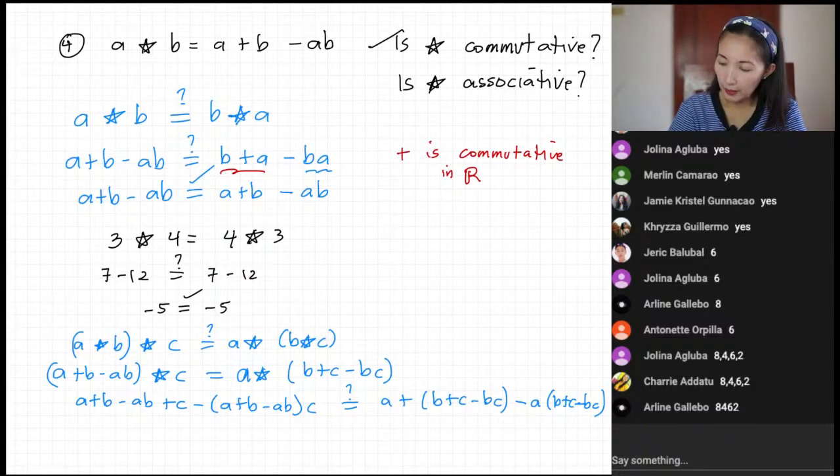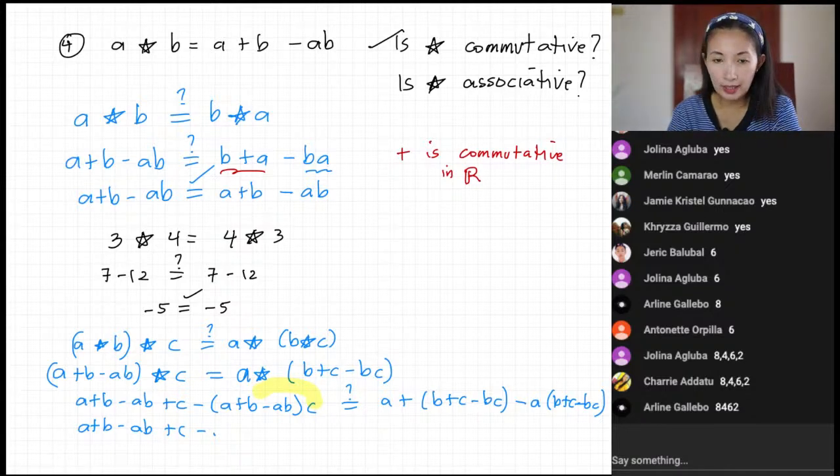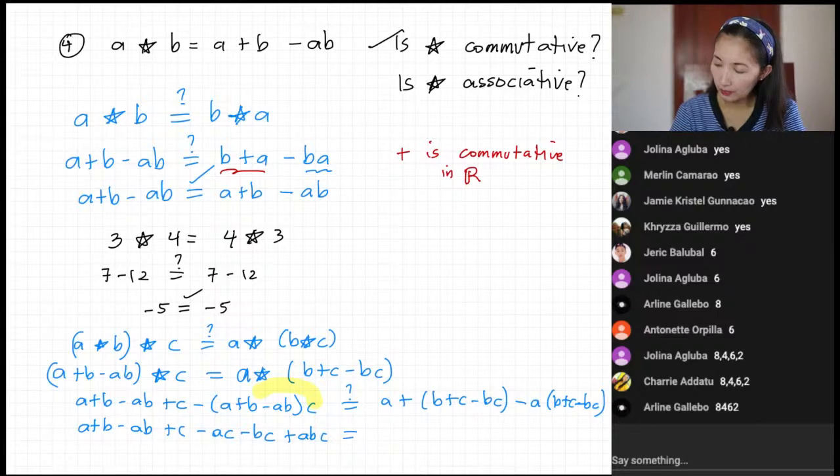So, A plus B minus AB plus C minus AC, sorry, that should be minus AC, because this is multiplied to each term inside. Minus BC plus ABC. Is it equal to this?